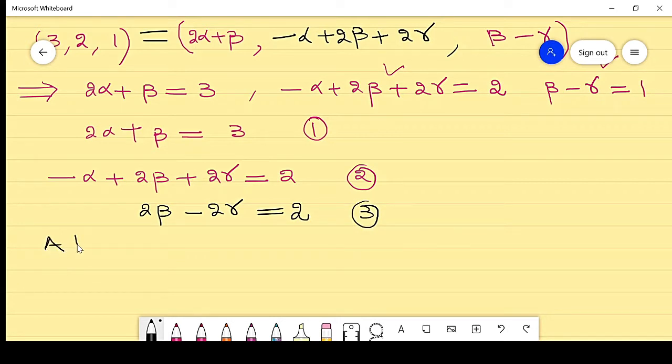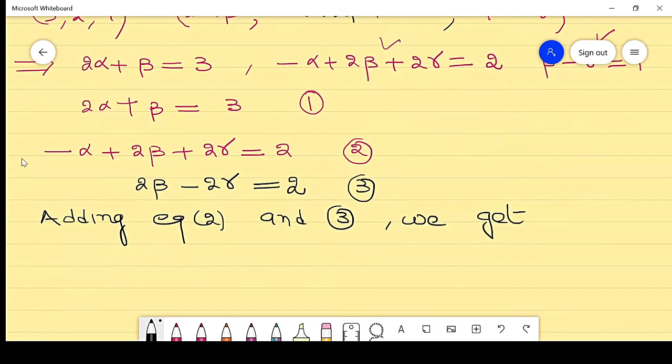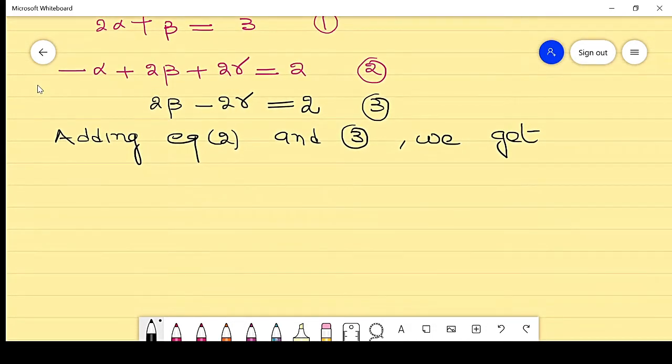Now adding equation 2 and 3, we get a new equation, equation number 4. So that equation is minus alpha plus 4 beta, which is equal to 4.